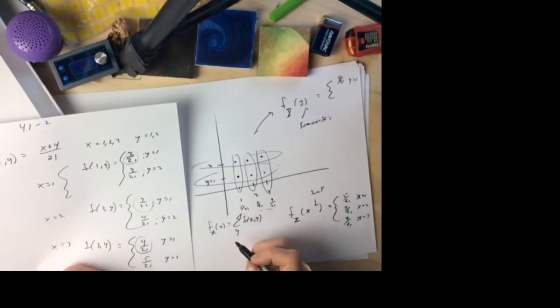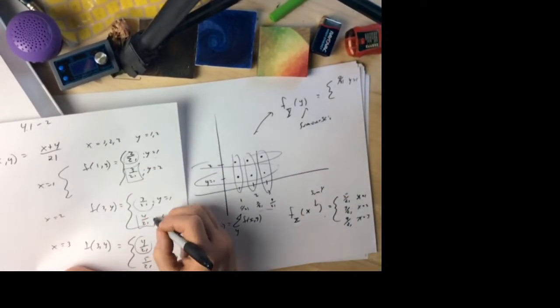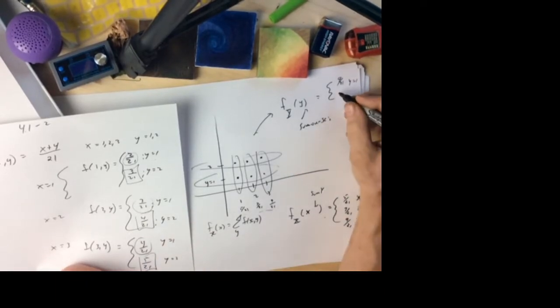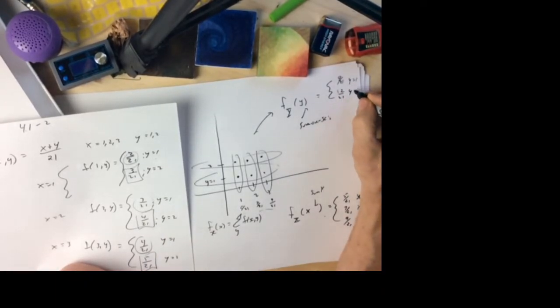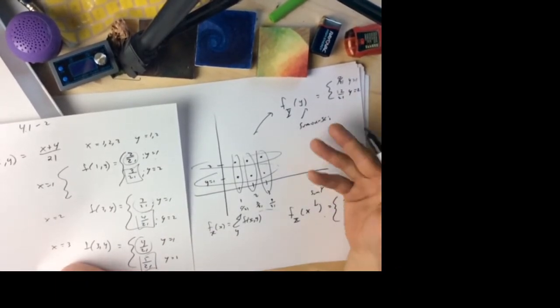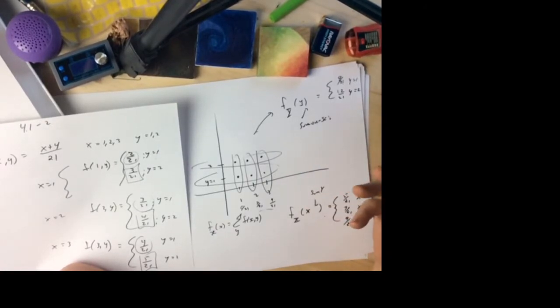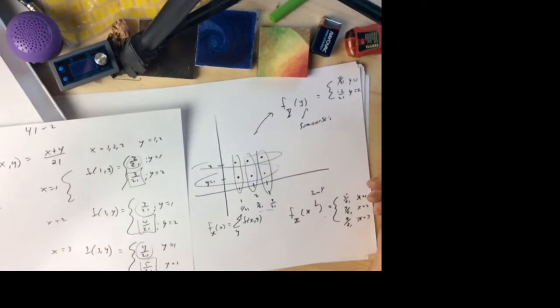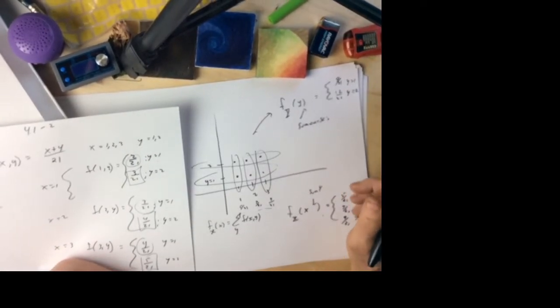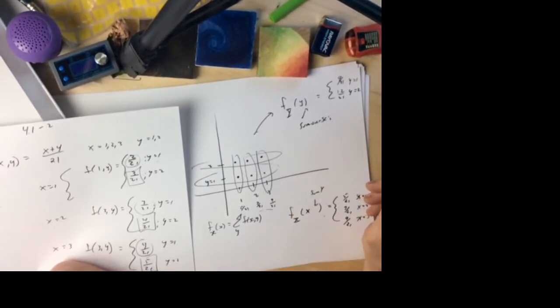And for y equals 2, 3, 4, 5, that's 12/21. Again, it adds up to 1 because they're partial sums of the complete sample space, but that looks like a probability function on a y value.